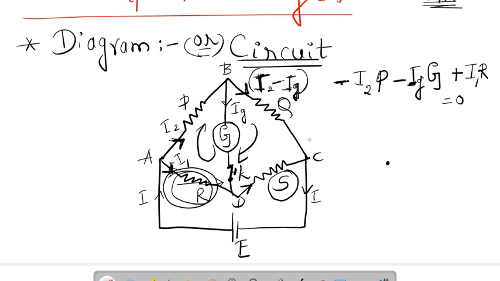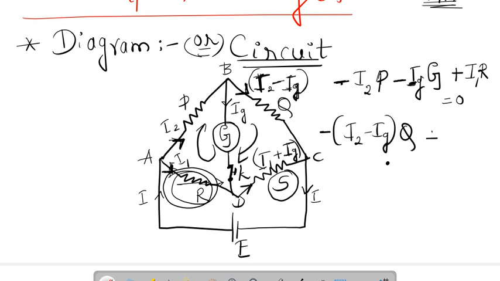Now, this S is having I1 plus Ig. According to Kirchhoff's loop law, this direction is according to the flow of current, so I will write negative I2 minus Ig. What is the resistance there?